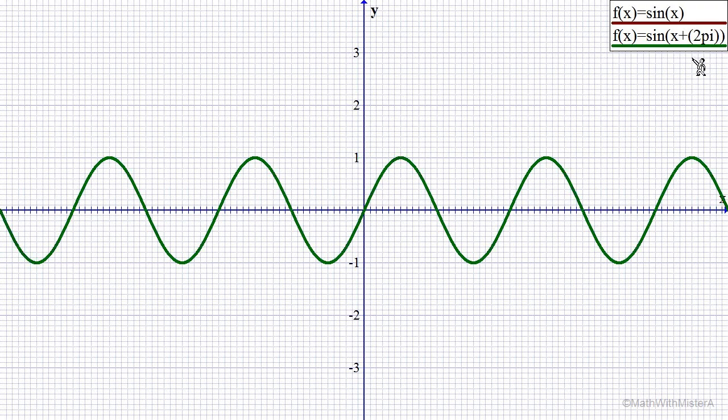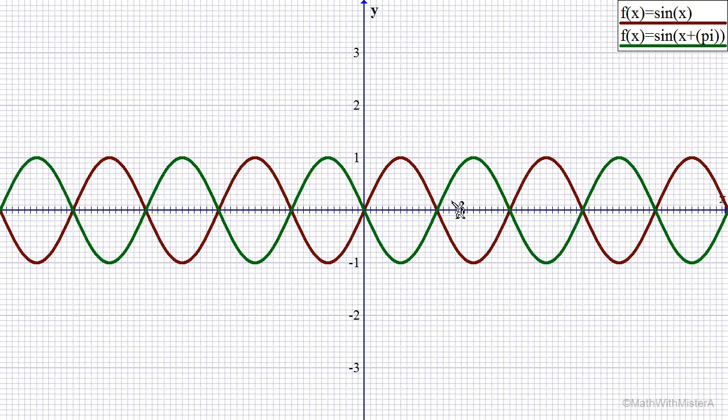Here I'm attempting to illustrate shifting it by 2 pi. Now we know that 2 pi is our period, so if I shift it an entire period, I'm going to land on the exact same graph. Here is the result that we've seen a couple times now. We saw it from a reflection on the x-axis, we saw it from a reflection on the y-axis, and now we're showing it as a result of a horizontal shift.